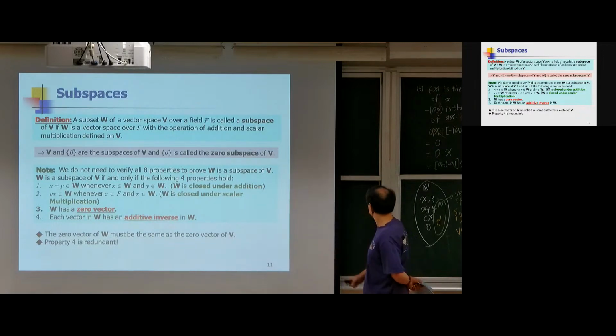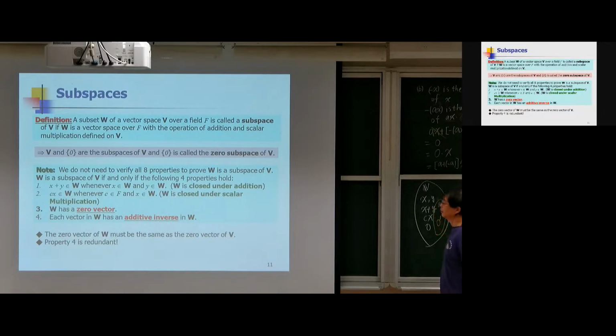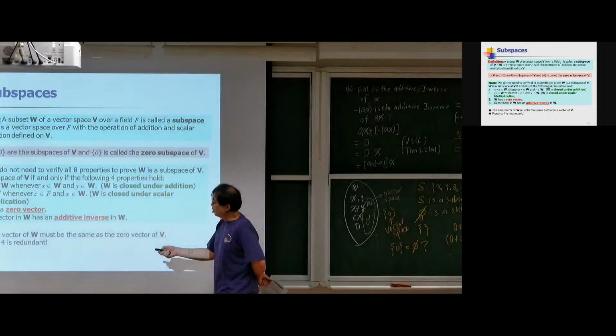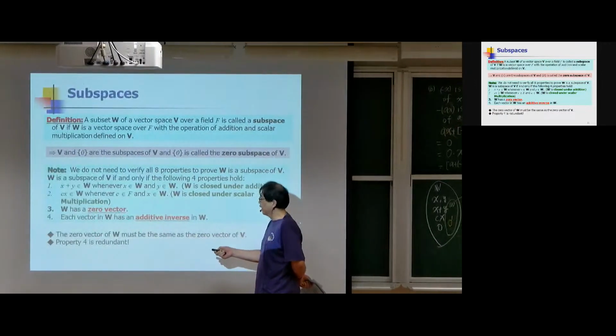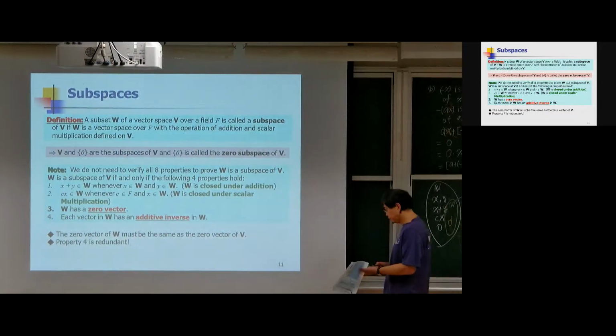And the third one, W must contain a 0 vector, because W itself is a vector space. So it must contain a 0 vector here. And also, each vector in W has an additive inverse in W. So here, we want to use a diagram to represent it.